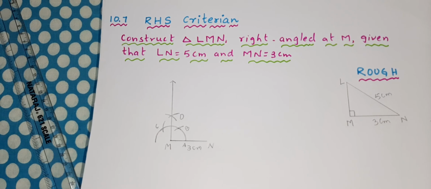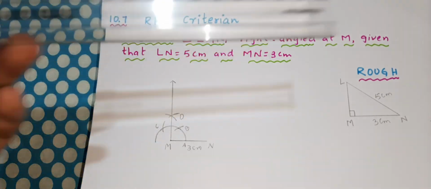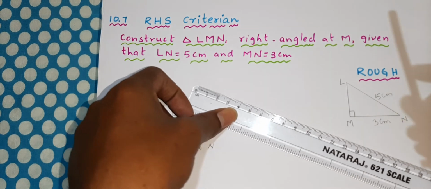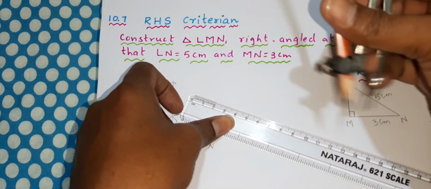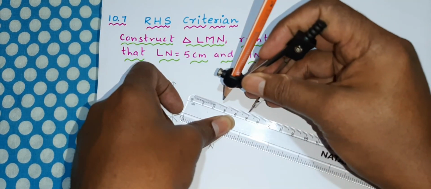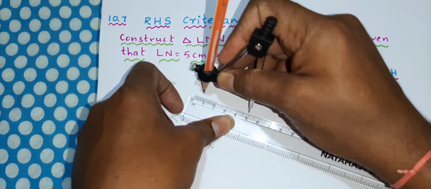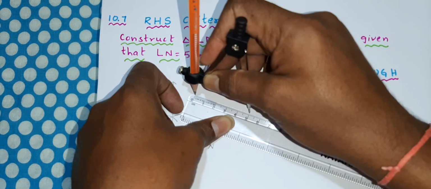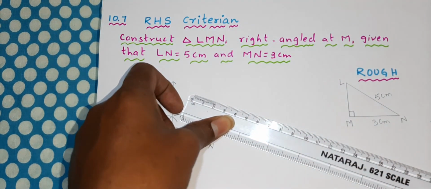Clear? Now take 5 centimeter on the scale. Take 5 centimeter on the scale, because here they given LN is equal to 5 centimeter. Take 5 centimeter on the scale with compass. Just open up and see that, right? This is 5 centimeter.